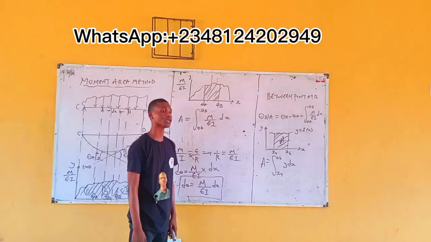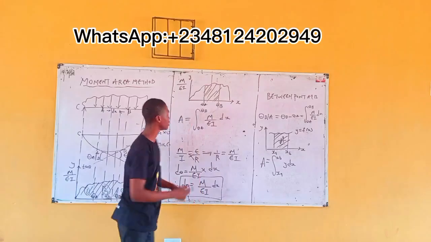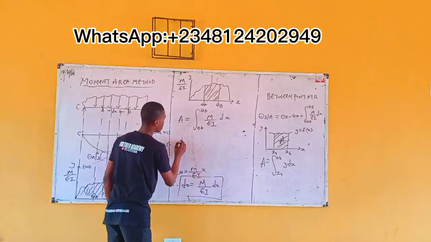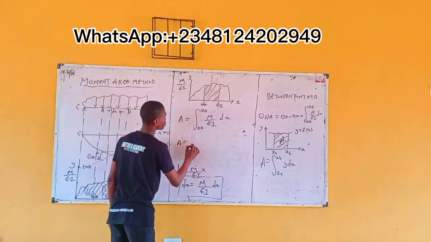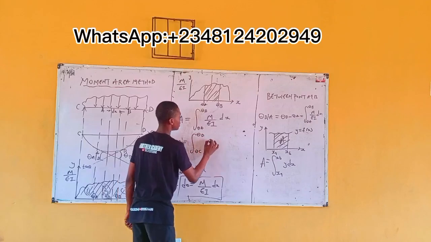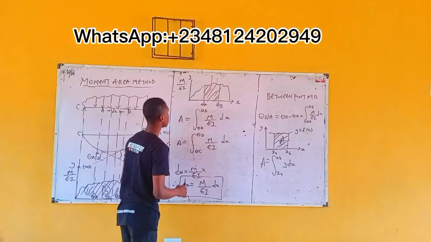What if the points are C and D? What if the points are C and D? That will be, area is equal to what? The integral from theta C to theta D of M by EI dx.